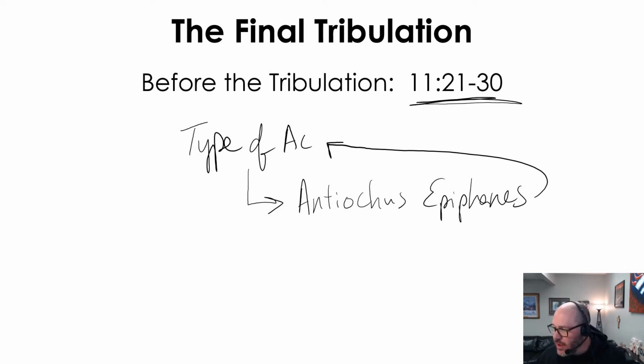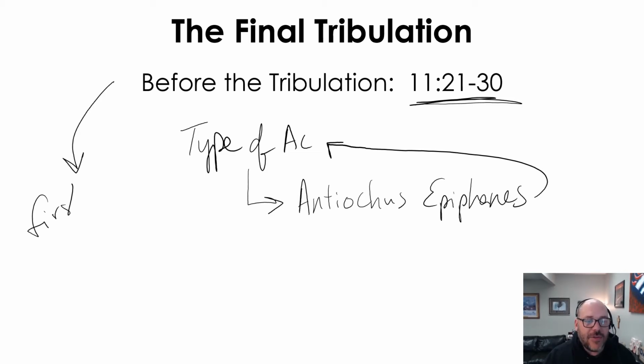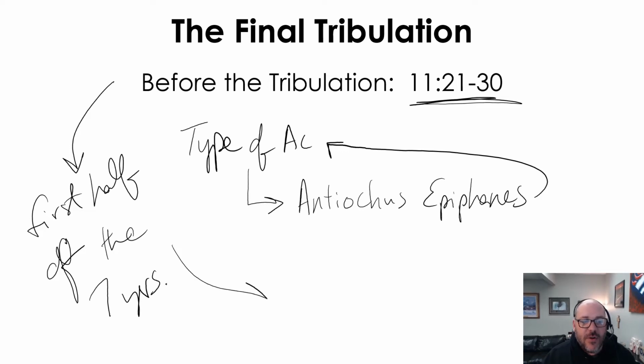And so what I want to look at just is some verses to remind us of where we were as we looked at the events before the tribulation. Now, these events could very well be the first half of the 7 years. So this could very well be the first 3.5 years taking place in the before the tribulation events.